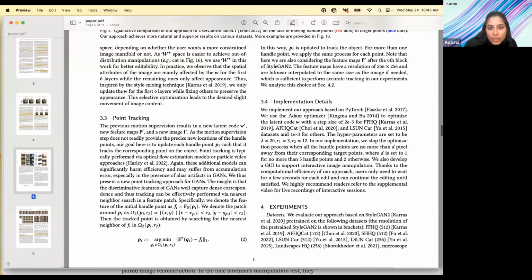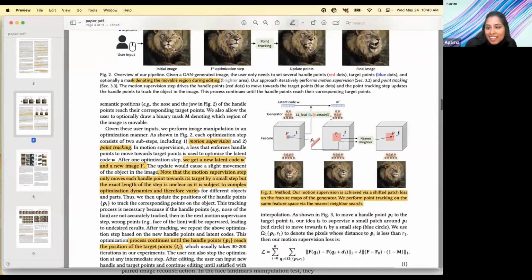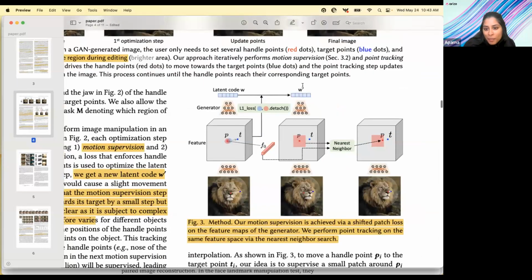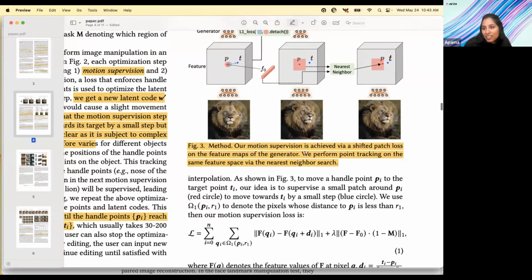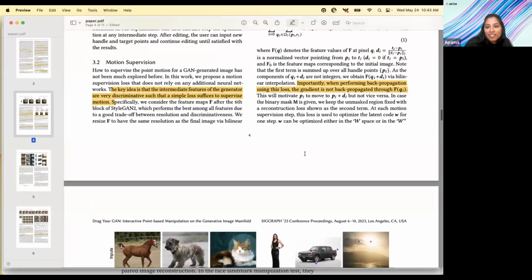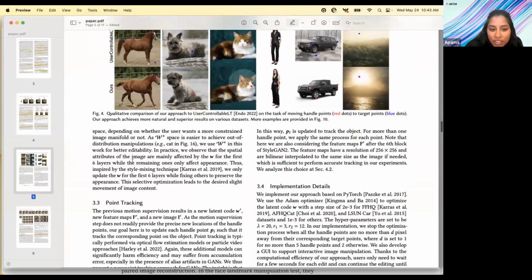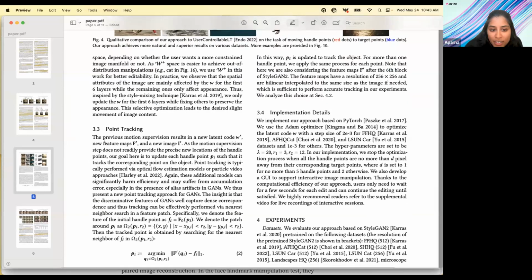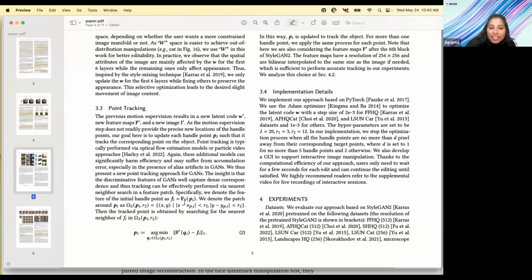In this case, this is basically after they've gotten W prime. This is post nearest neighbor, where they jump into the actual point tracking. Maybe we could just go through this.